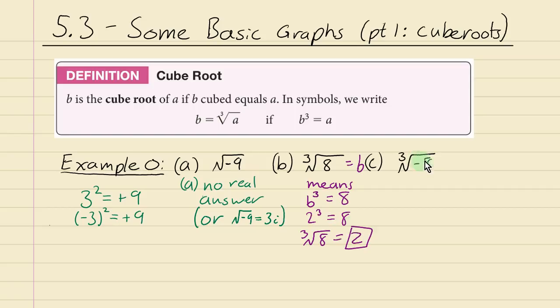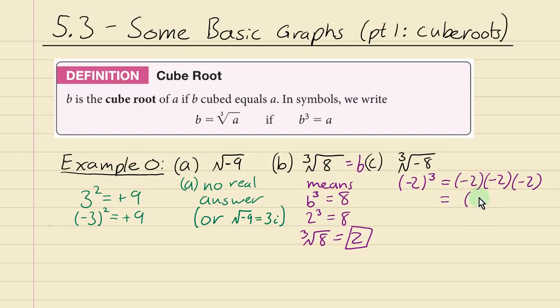Okay. But if you think about -8, let's see, is the answer -2? That would be a good guess. Let's see what happens. If you do -2 to the power 3, that would mean -2 times -2 times -2, 3 times. And 2 of them give you a positive result.